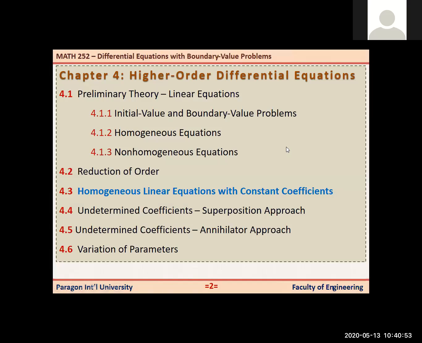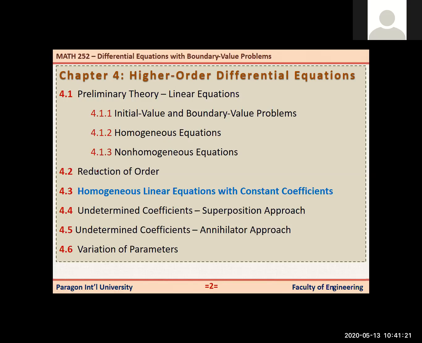So actually we were studying chapter 4, higher order differential equations. And in 4.1, you were introduced to some fundamental concepts, definitions, and theorems, right? About linear equations, initial value and boundary value problems, homogeneous equations. Now we know what we mean by homogeneous equations, non-homogeneous equations, and fundamental set of solutions.